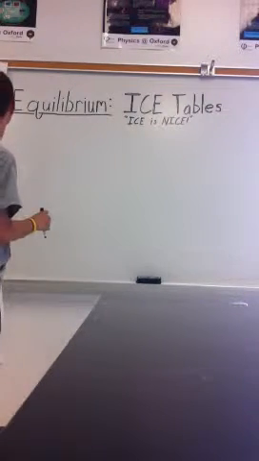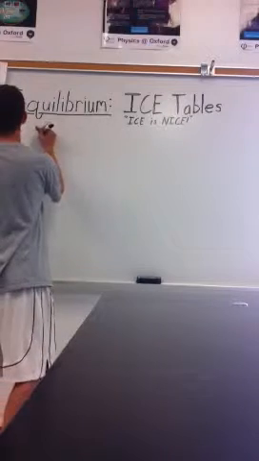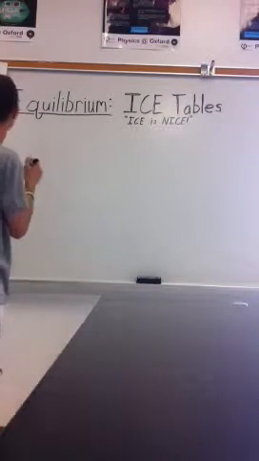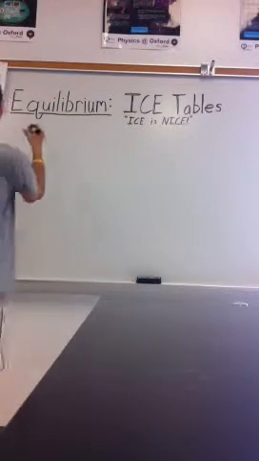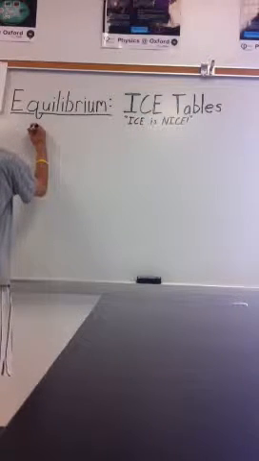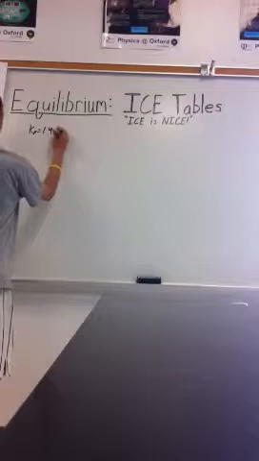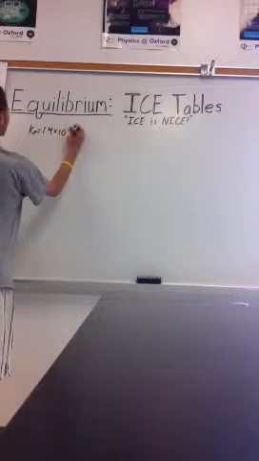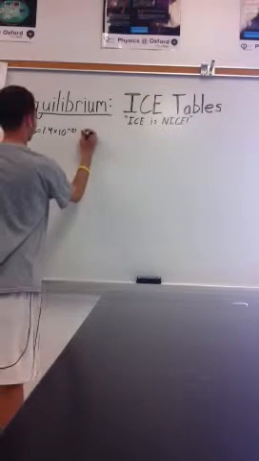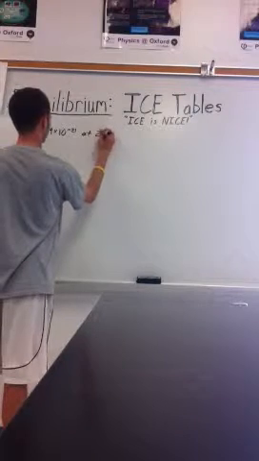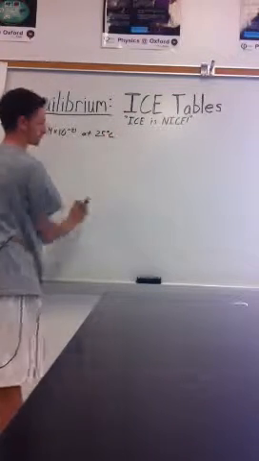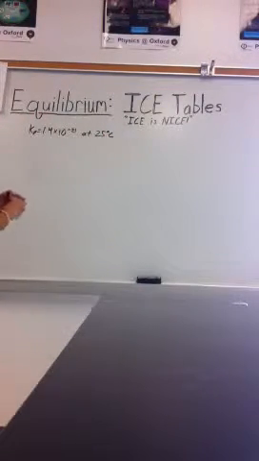Okay, so our first problem, part A, says the equilibrium constant Kp for the reaction below is 1.4 times 10 to the negative 21st at 25 degrees Celsius. That's just standard temperature.